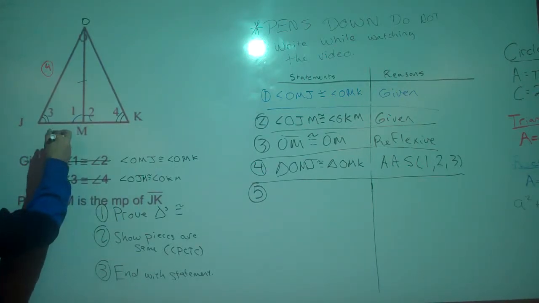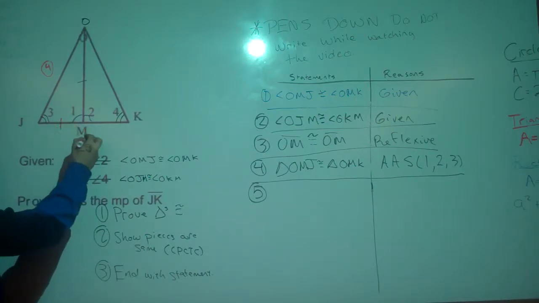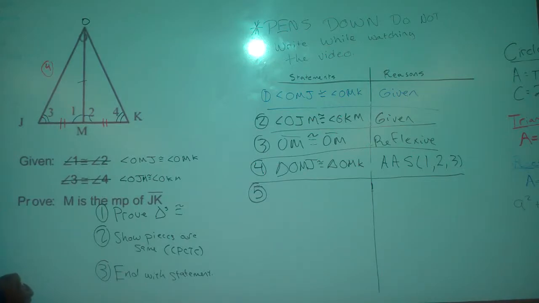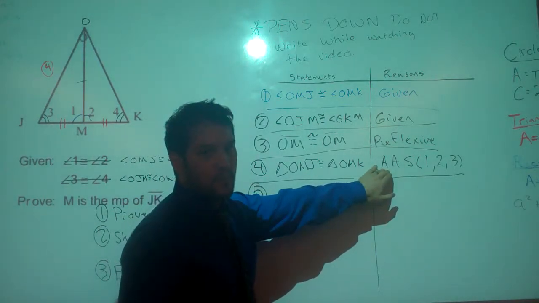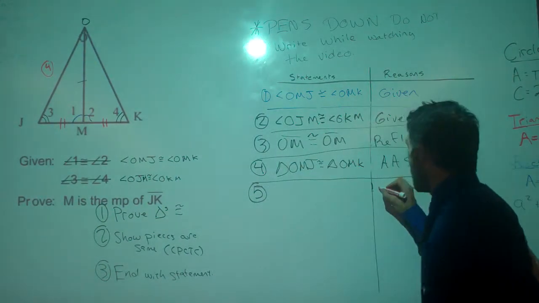So at this point, I can say that JM is the same as MK, not because it's a midpoint, because I do not know this yet, but rather because the triangles are the same, therefore the pieces should be the same as well.